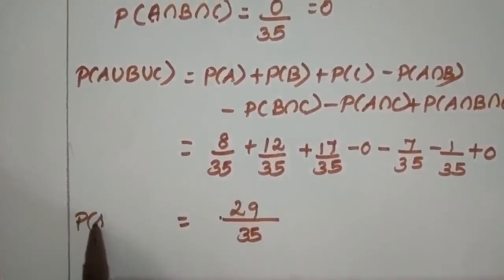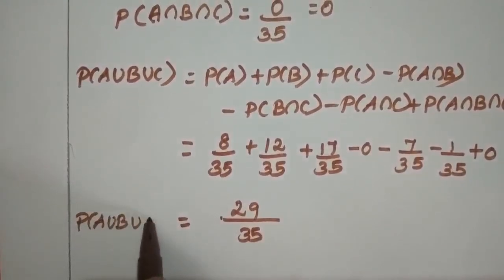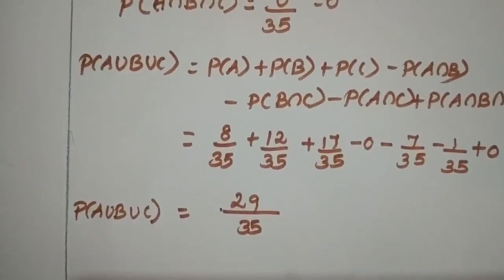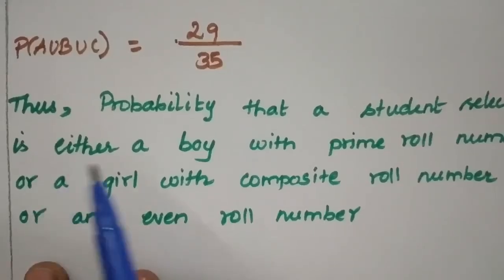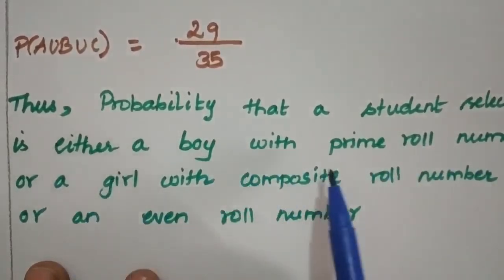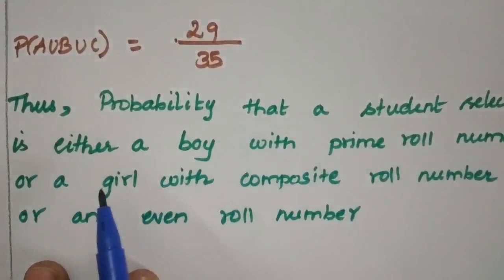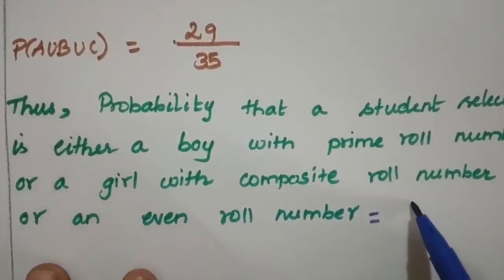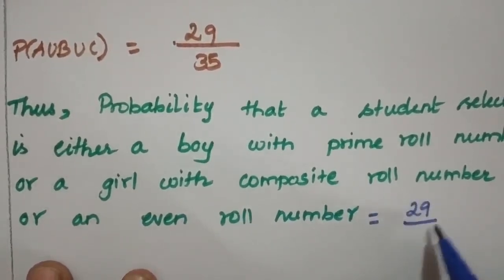Probability of A union B union C is equal to 29 by 35. Thus, the probability that a student selected is either a boy with prime roll number or a girl with composite roll number or an even roll number is equal to 29 by 35.